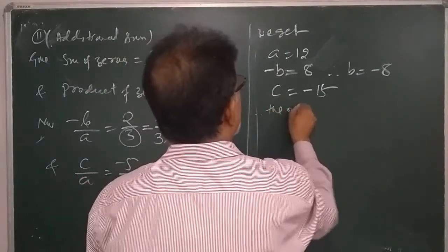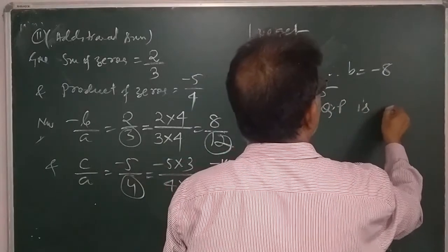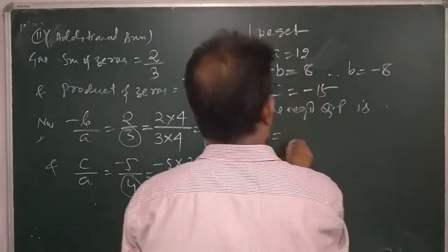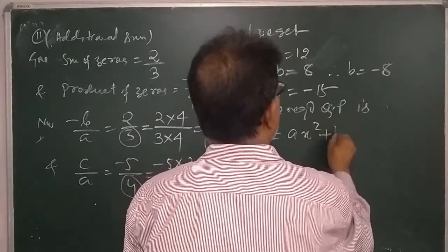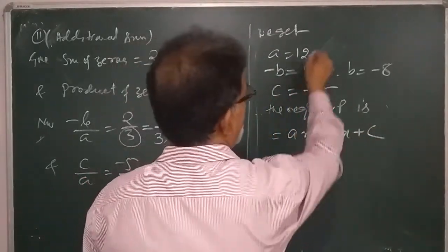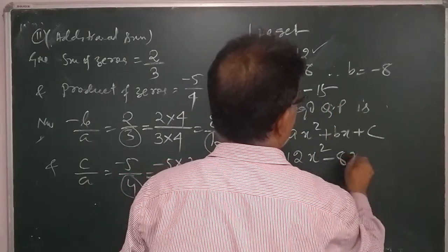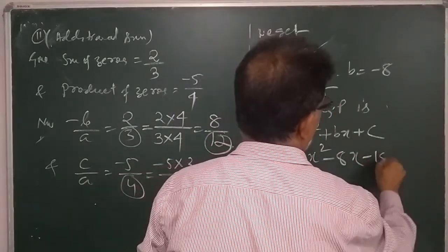Therefore, the required quadratic polynomial is equal to ax square plus bx plus c. That is, for A 12, x square, for B minus 8x and for C minus 15.